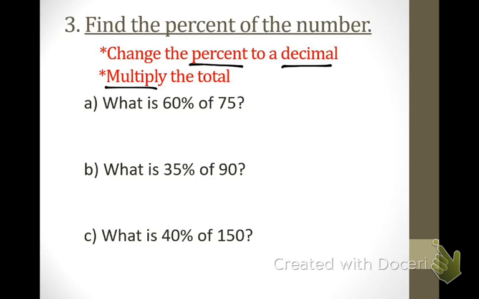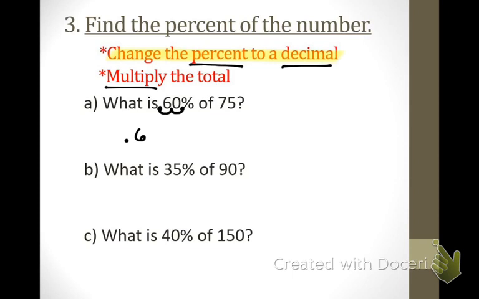Once again, we'll change the percent to a decimal. So as I'm looking right here, 60%. If I'm thinking about trying to change that to a decimal, I know that my decimal point is right here, and I'm going to have to move it over 2 places to the left. So 60% is the same thing as 0.6. So what I just did is what this said, change the percent to a decimal.